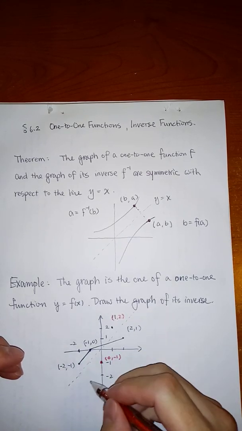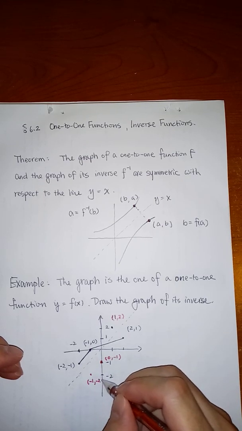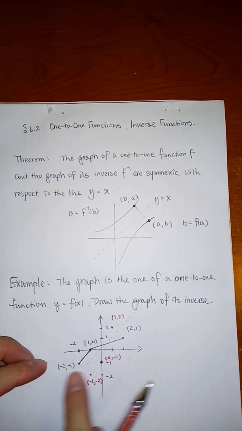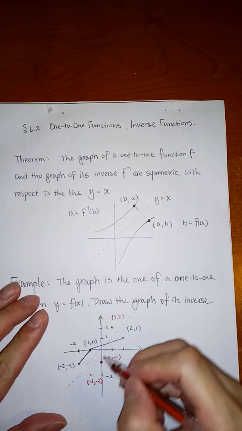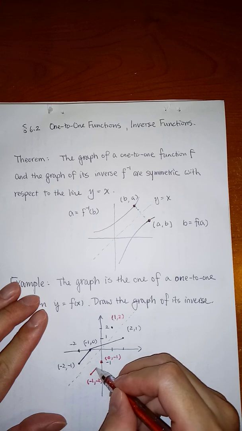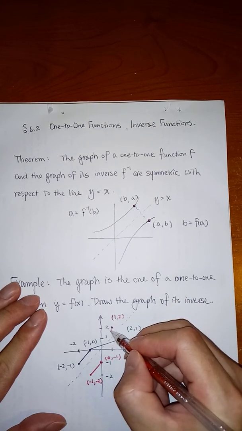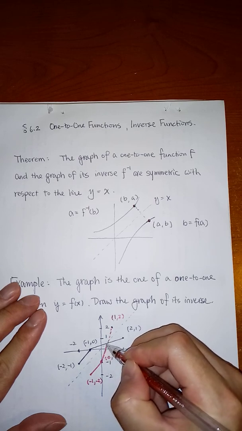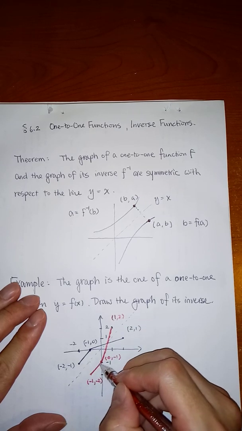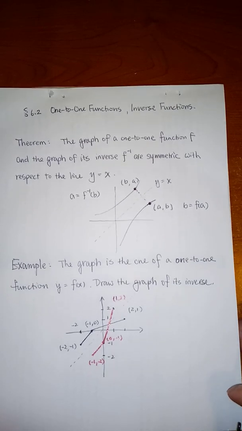Then its counterpart will be (negative 1, negative 2). Just switch x and y. Then you connect the segments. So this red line is the graph of the inverse.